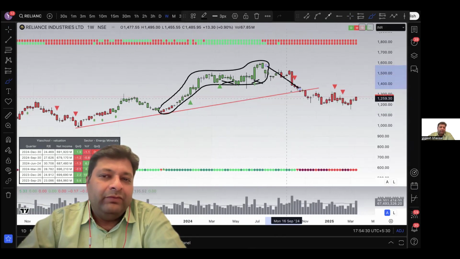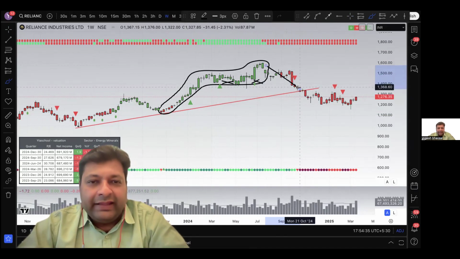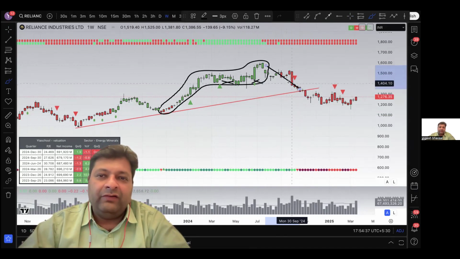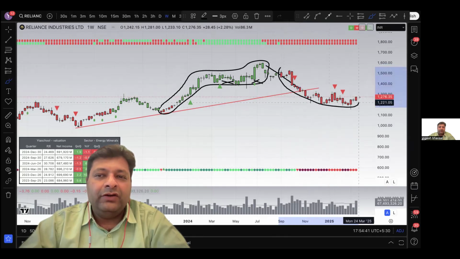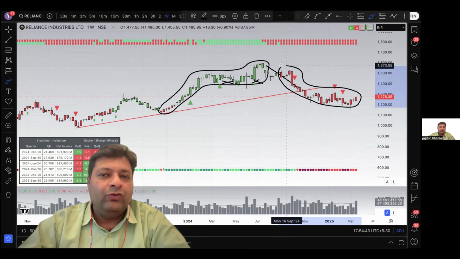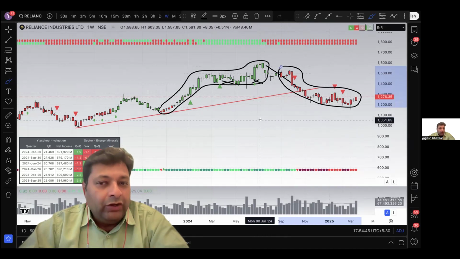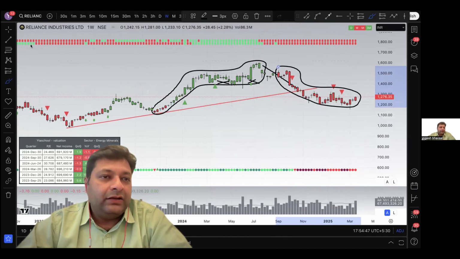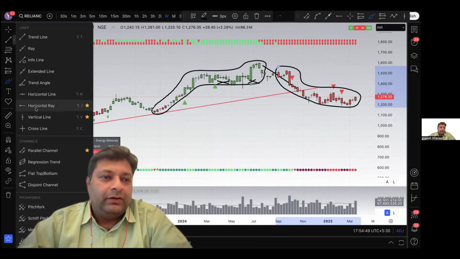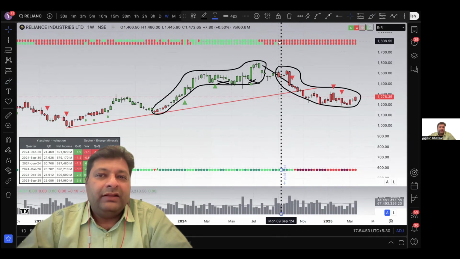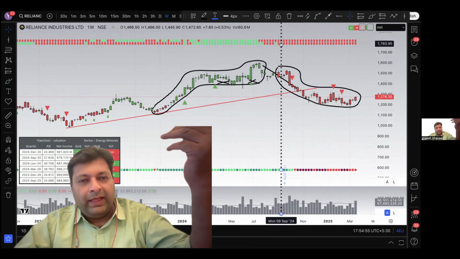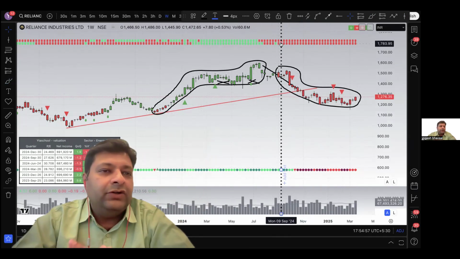Now, what happened? Even before it came to retest the trend line, a lot of people will start taking the trade because it is testing the trend line. But it has already converted into red. So you know you don't have to apply brains. What has happened? All my relative strength, long term and short term both, has already converted into red.